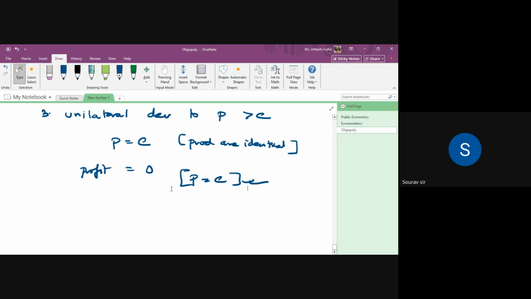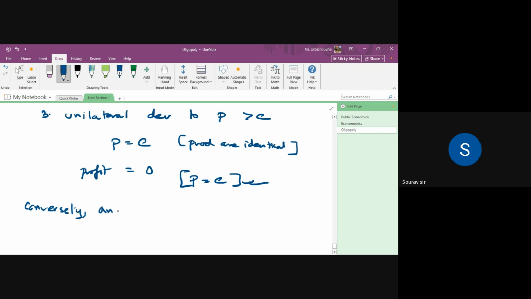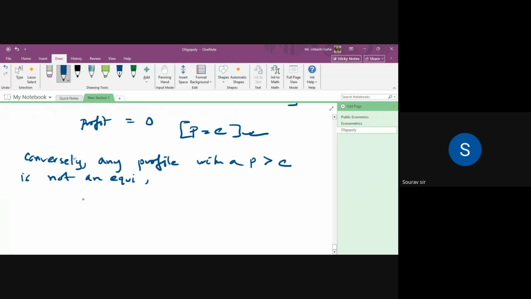So here what you can write is that conversely, any profile with the price greater than C is, as we have already proved, not an equilibrium. Why? Because the firm with the higher price can be undercut. The firm which is having a higher price, obviously, can be undercut by the rival who sells at a lower price, to capture the market.